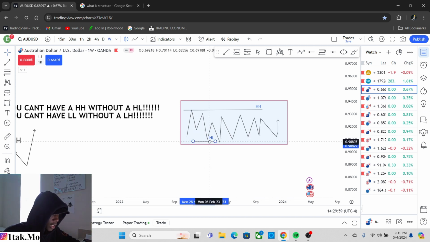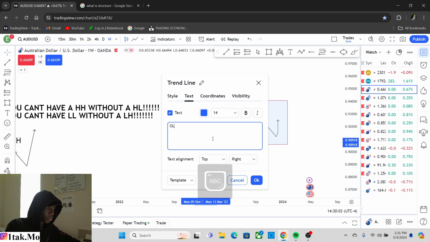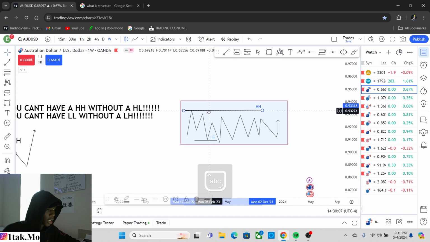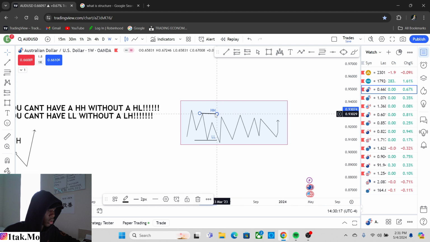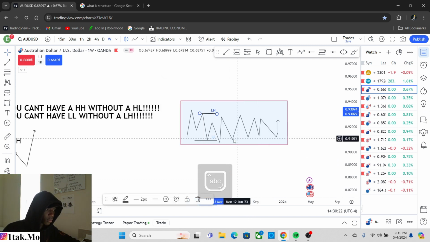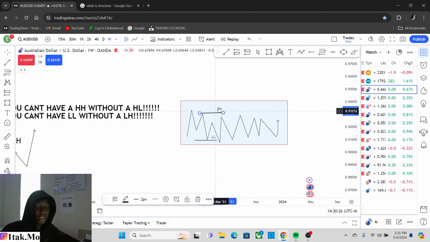So then this will become the lower low, and this will become the lower high. Now, until price breaks above here or breaks below here, we're gonna be bearish.